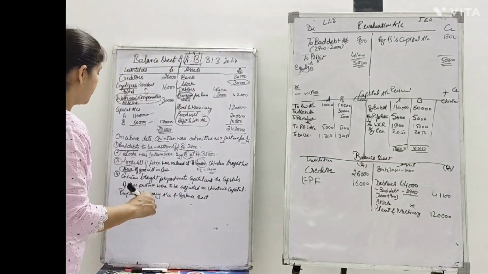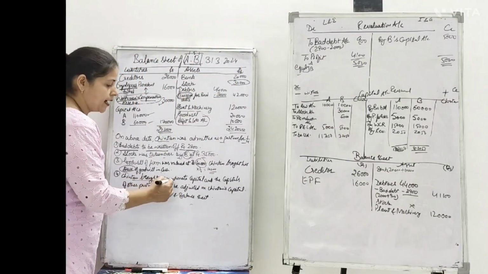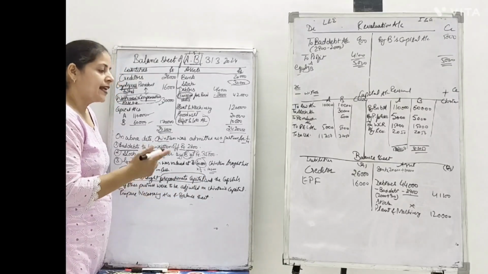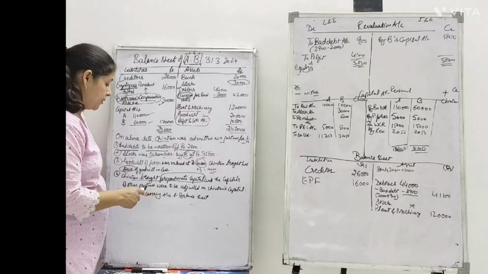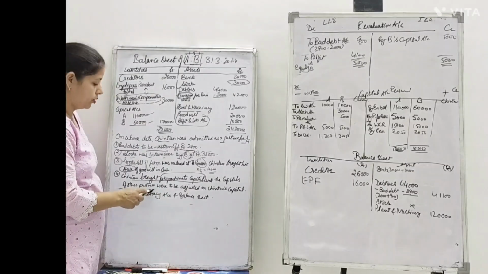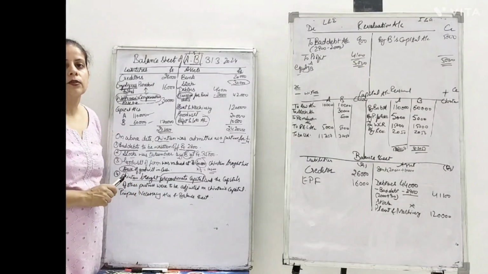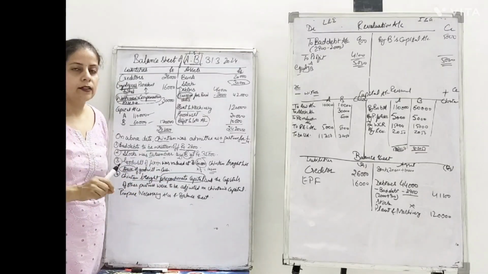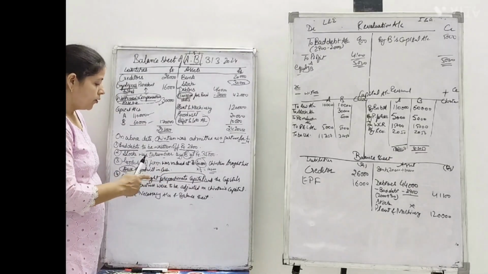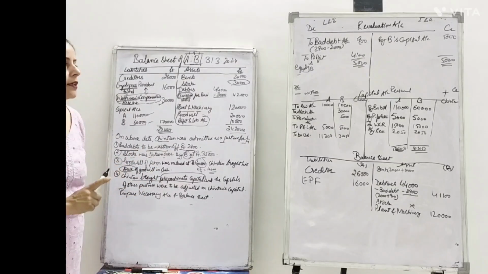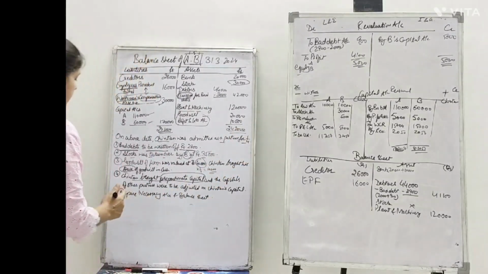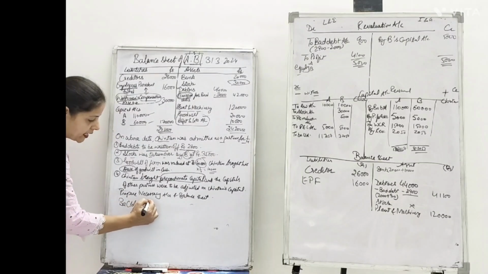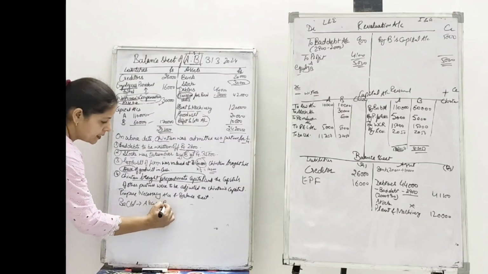Now there is a point relating to that: the new partner's capital is to be calculated for proportionate share. But an additional point is also given that old partners' capital are also to be adjusted on the basis of the new. Here two adjustments are given in one question. First of all, we will go for proportionate capital, because here what is A's capital? We are taking the balance carried down of A's capital plus B's capital.